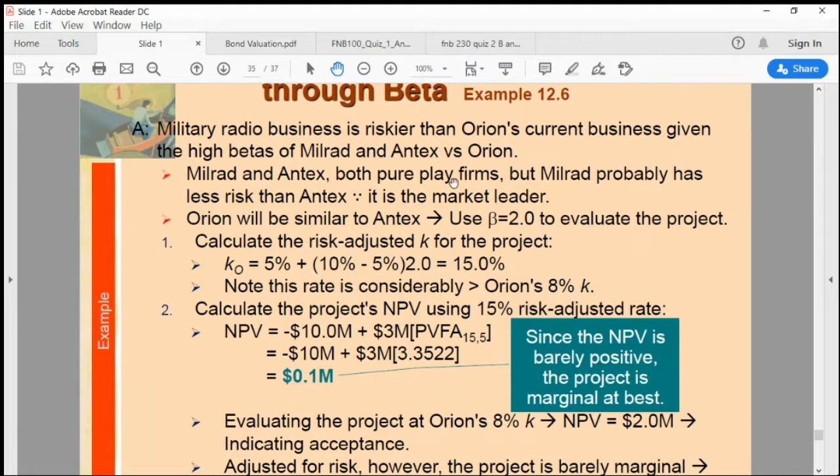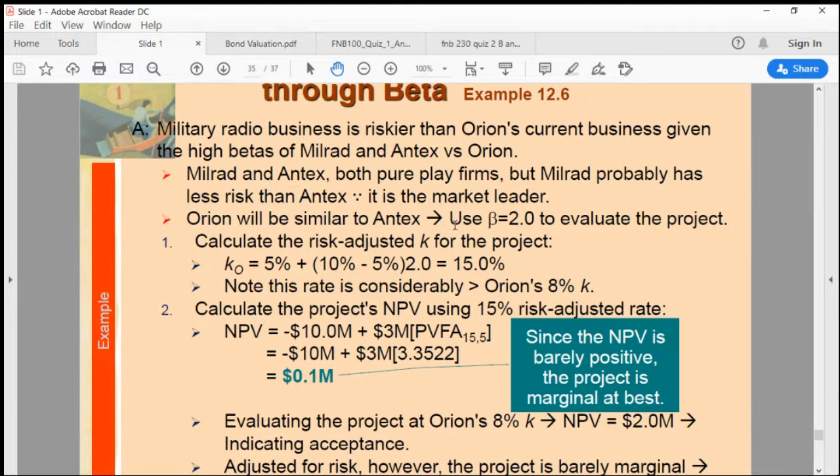Milrad and Antex are both pure play firms, because they are doing only military radios. But Milrad probably has less risk than Antex, since it is the market leader. Orion will be similar to Antex because Orion is a newcomer in the military radio market.